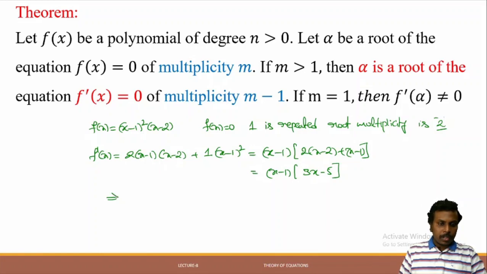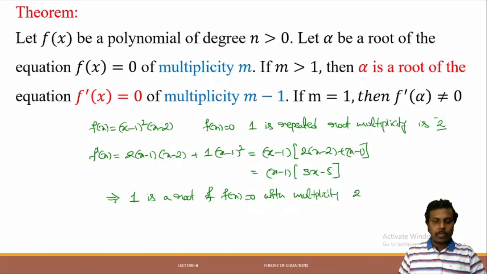So this implies 1 is a root of f of x is equal to 0 with multiplicity 2.